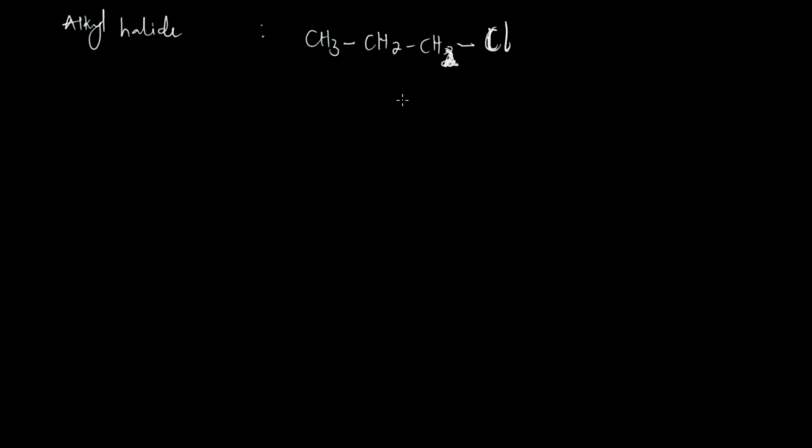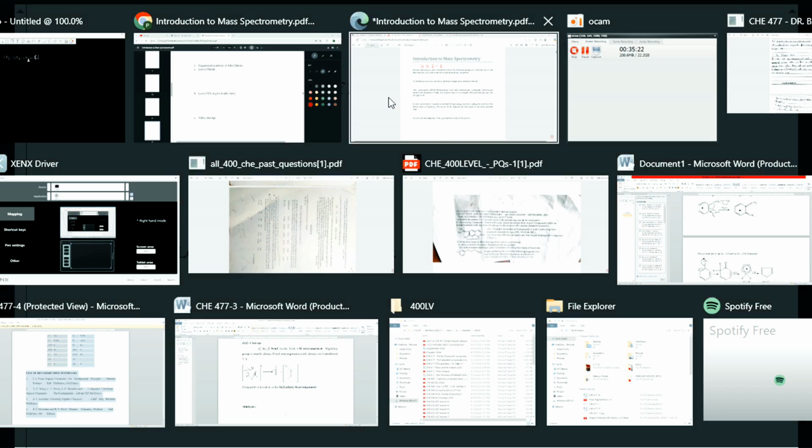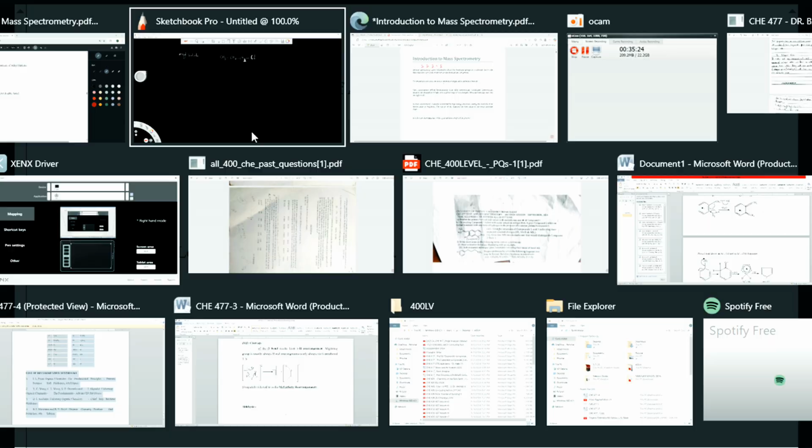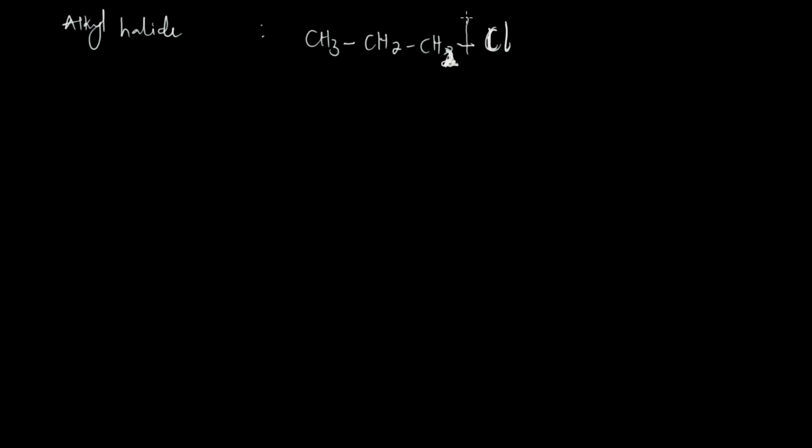The first fragmentation pattern that can occur is loss of halide. When we bombard it with a high energy electron, we're going to have a molecular ion, and then fragmentation occurs.